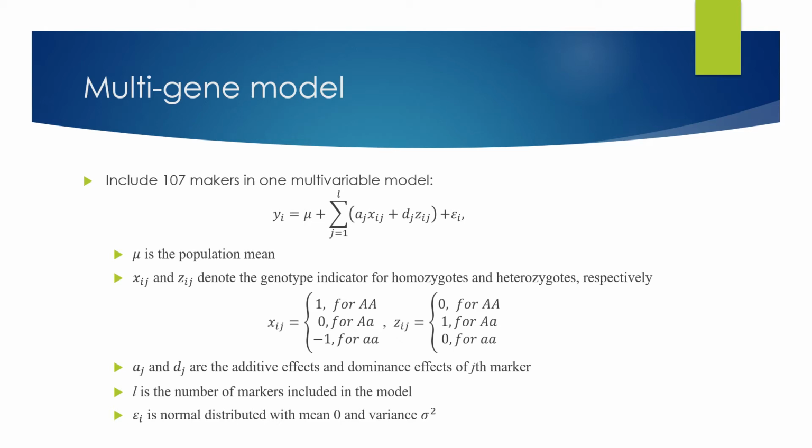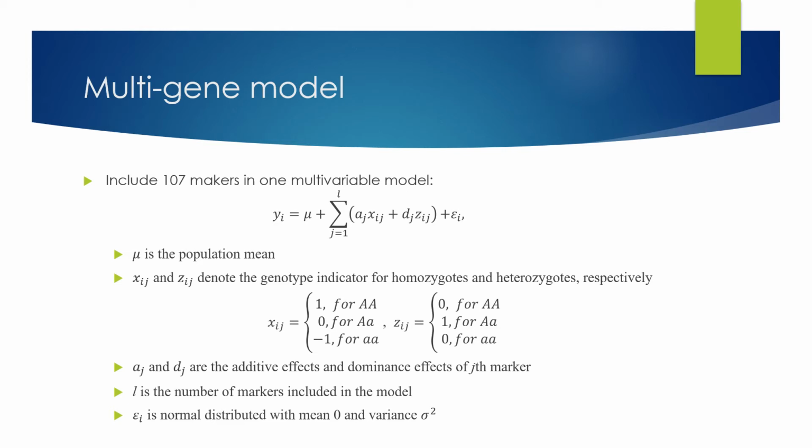And so mu is the same as before, and now we use X and Z to denote the genotype indicators for the homozygotes and heterozygotes respectively. The reason why we use these definitions is just for the simplicity of the regression, and the same A and D are the additive effects and the dominance effects.